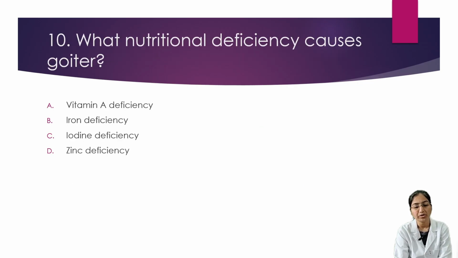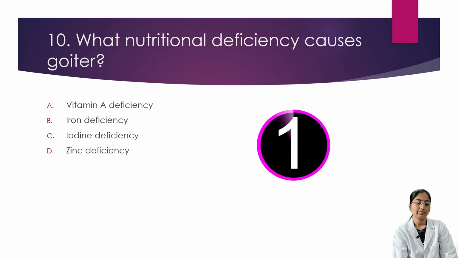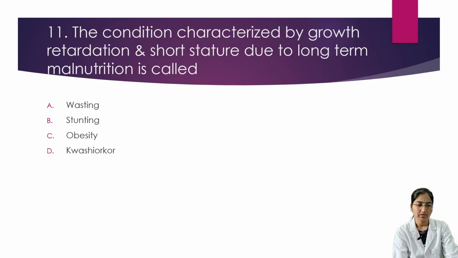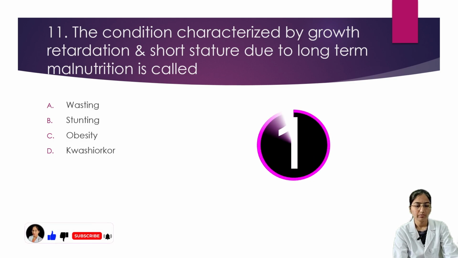What nutritional deficiency causes goiter? That is iodine deficiency. The condition characterized by growth retardation and short stature due to long-term malnutrition is called? Stunting.